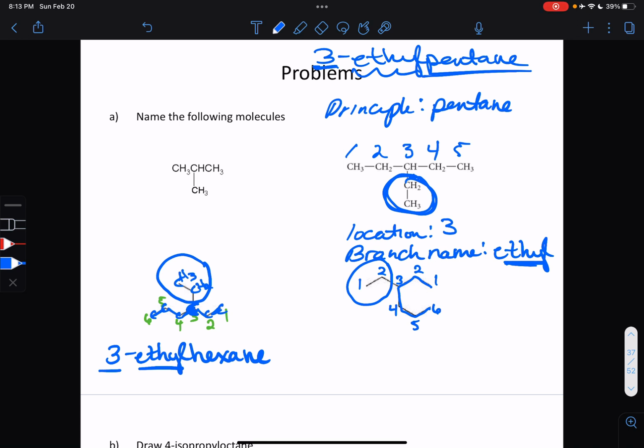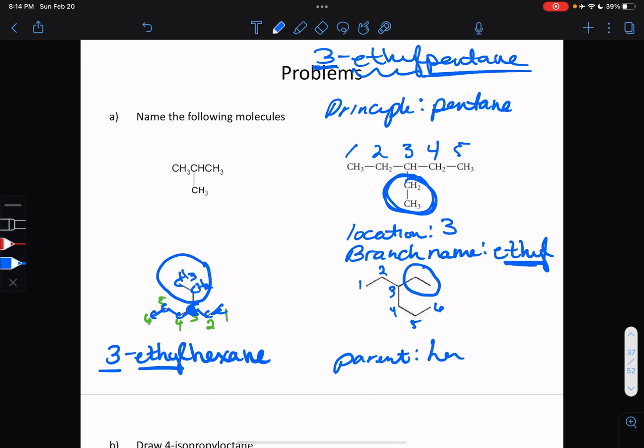Okay, so let's go ahead and go back and compare that with another numbering, 1, 2, 3, 4, 5, 6. And we would have this branch right here. So both of our parents are going to be 6 carbon chains.